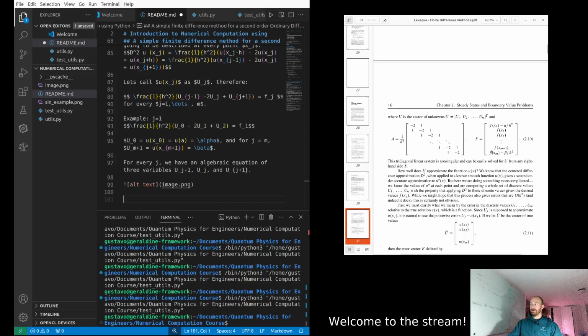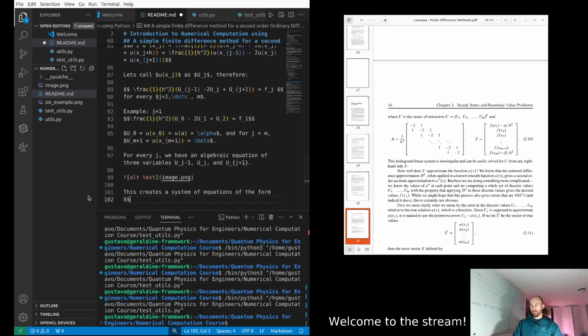So this creates a system of equations of the form A U equals F, where A and F are given by what you see here.